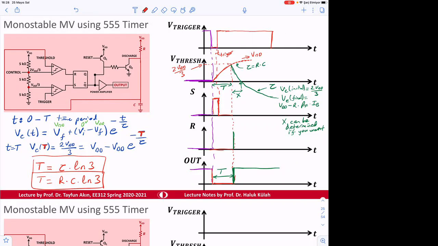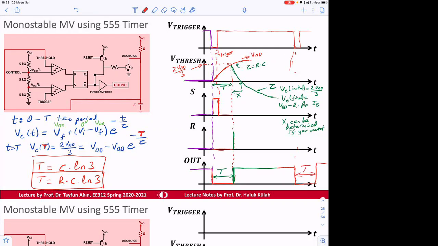So let me do it maybe a little bit later on. Somewhere around here, we can give another trigger, and then things will happen again like here. This will go down again, and then a period of T again.